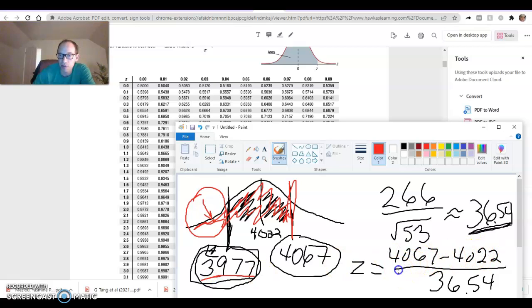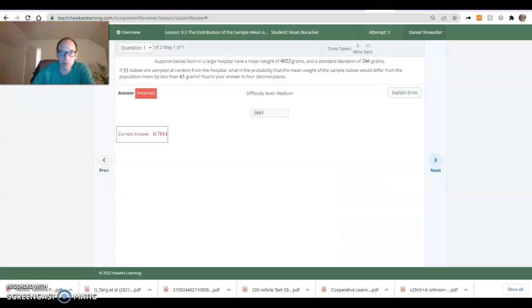We plug it into the same equation over here, get a z-score, look it up in the table, and whatever that portion is, we'll subtract it here to give us the portion in the middle. One thing just to point out, we can also see, yeah, we'll stop it there.